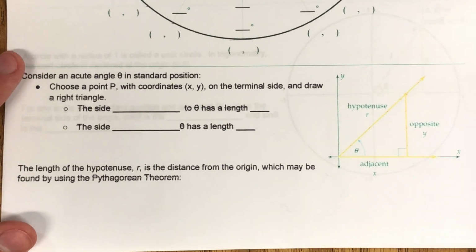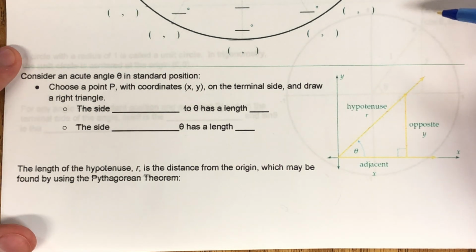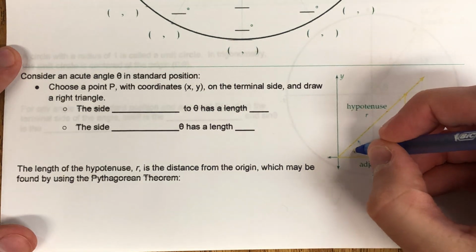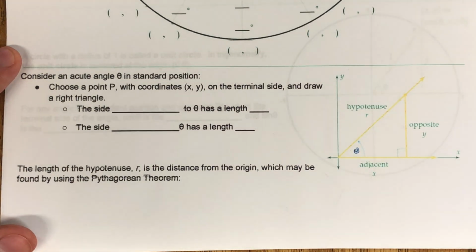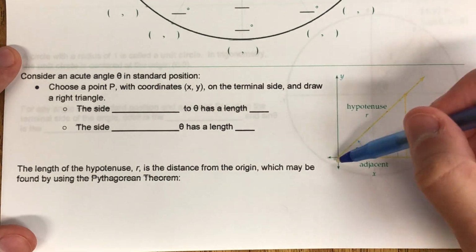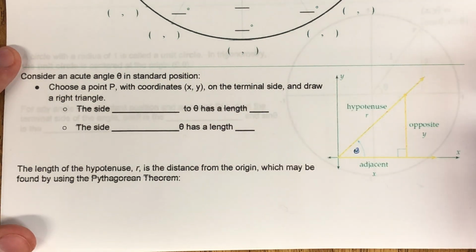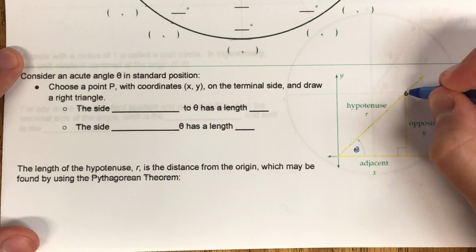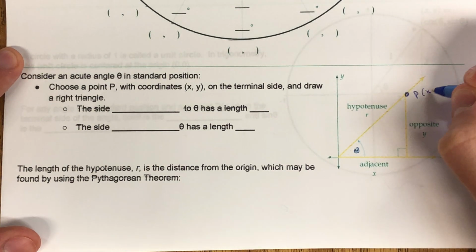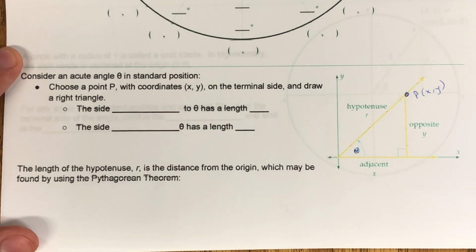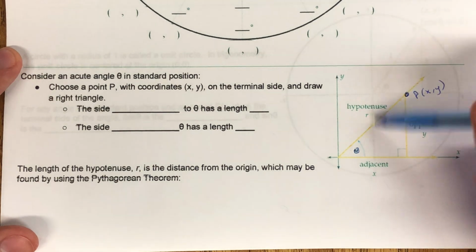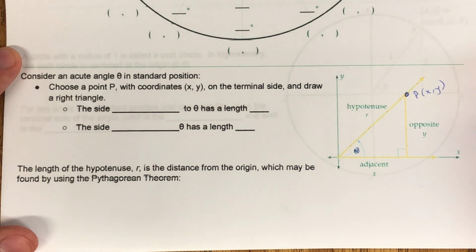A lot of the ways that we create the unit circle is by using triangles. It says consider an acute angle theta in standard position. Standard position, remember, means initial side on the positive x. Choose a point P with coordinates x, y. Visually, that'd be this point here, on the terminal side, and draw a right triangle.